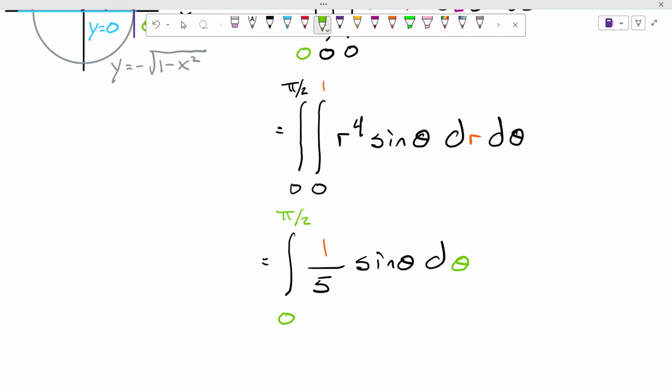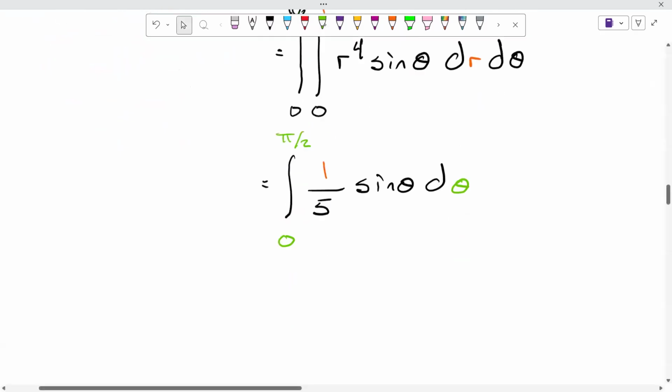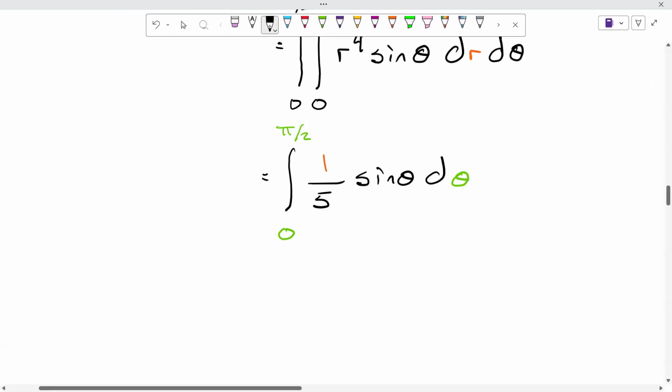Right. r to the 4th should integrate to r to the 5th over 5, evaluated from 0 to 1, just 1/5. And then we do sine theta. Its integral, that'll be 1/5 times sine integrates to negative cosine. So cosine of pi over 2 is 0.